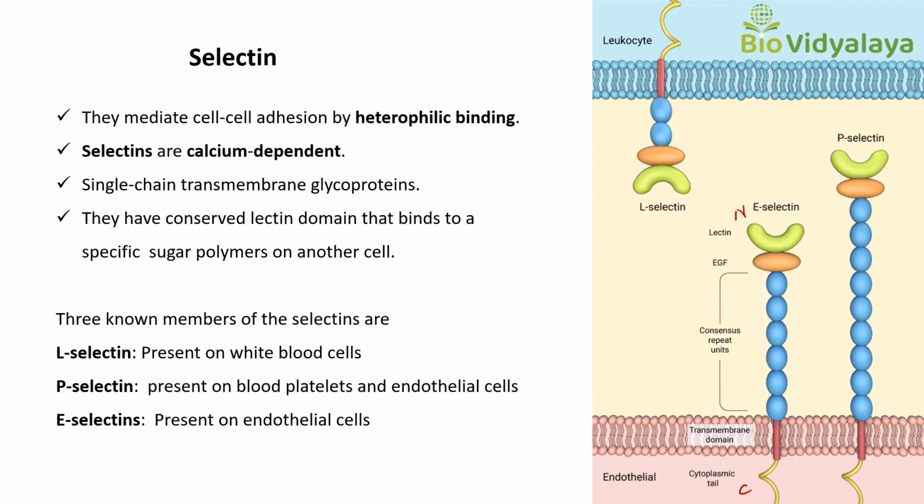In the N terminal end you can see the lectin domain, this green one, and that is followed by the EGF, epidermal growth factor, like domain, this orange one, that is followed by consensus repeat units.